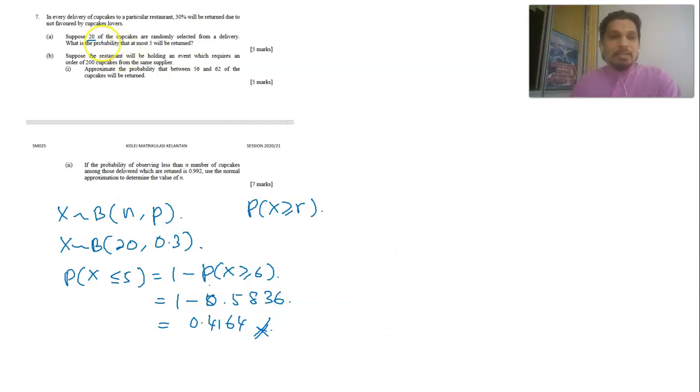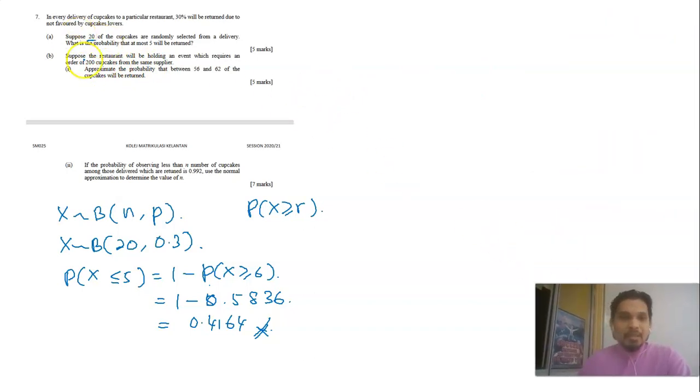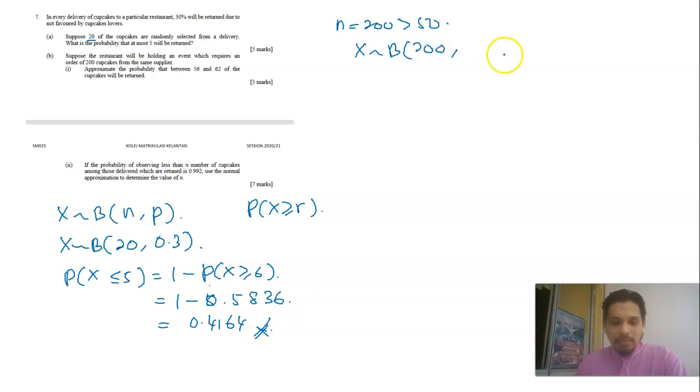Okay. And then suppose the restaurant will be holding an event which requires an order of 200 cupcakes. When the number of trials is greater than 50, here n equals 200, which is greater than 50, so we approximate the probability that between 56 and 62 of the cupcakes will be returned. So X is binomially distributed with 200 cupcakes and probability of success 0.3.